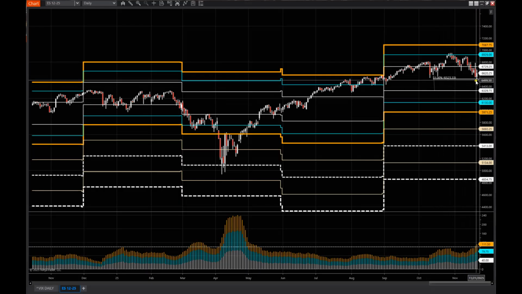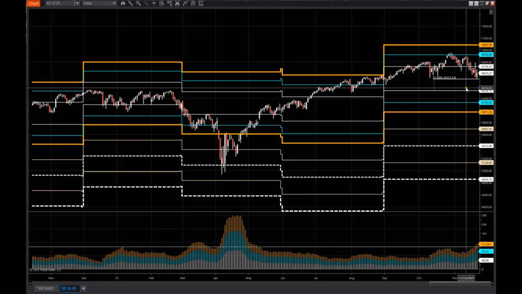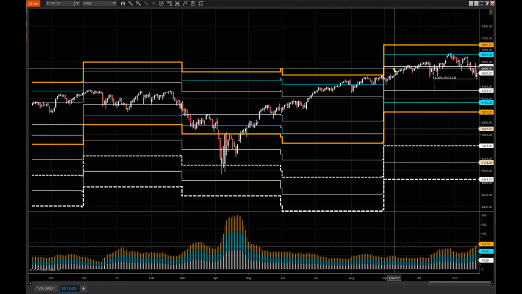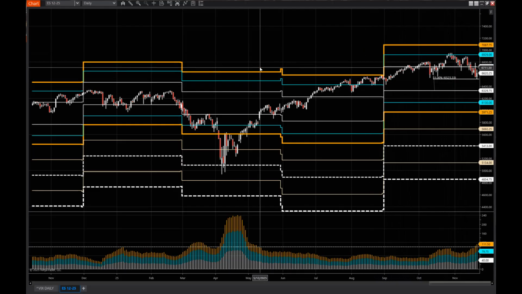In fact, that low was 65.25. So the quarterly mean held the forward, long trade.